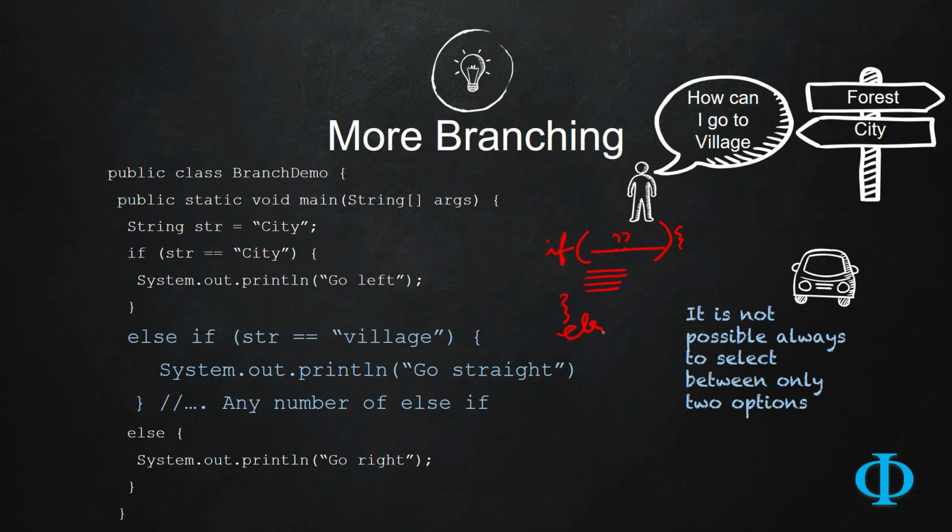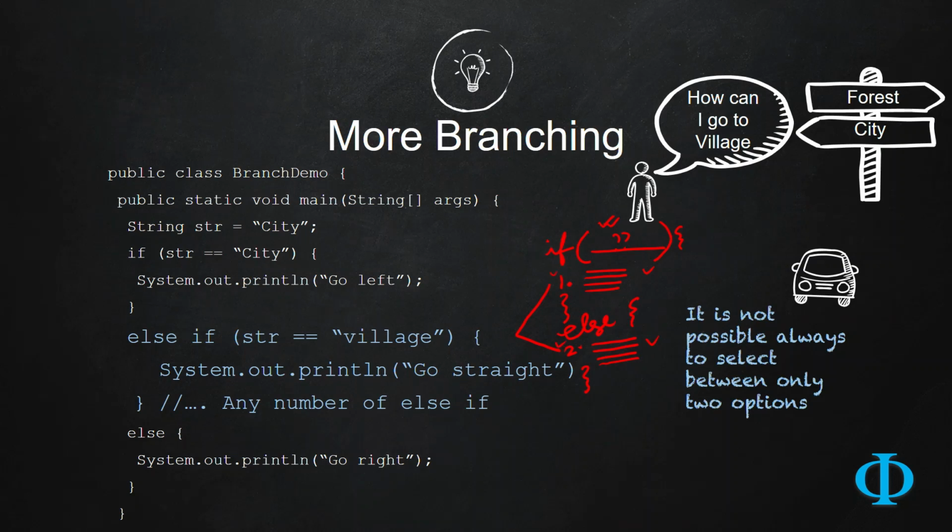Otherwise, if that condition holds false, then it will execute all the instructions inside this else. So the program, based on this condition, is basically selecting between two different branches, either branch 1 or branch 2.